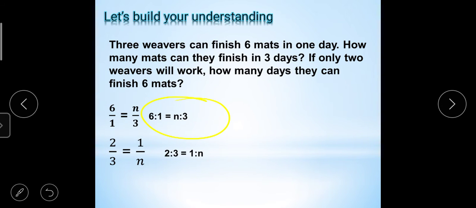We can now proceed to getting the product of the means and the product of the extremes. Okay. So, what is our mean, Vika? Our mean here, sa first nating ratio. What will be the product of our mean? 1 and n.